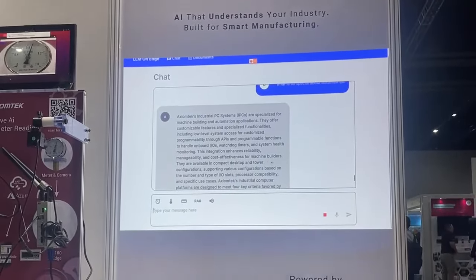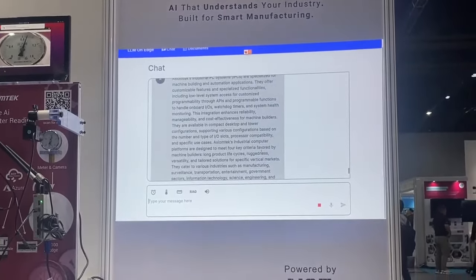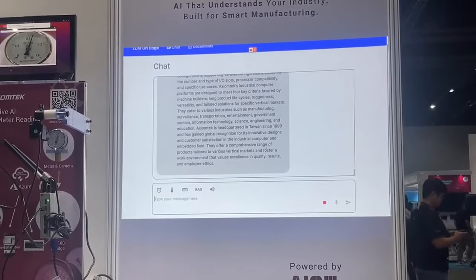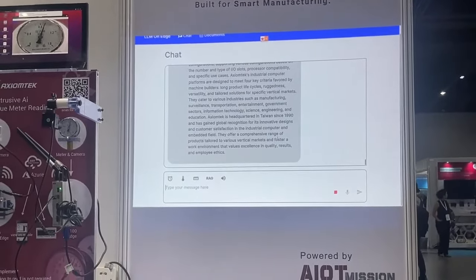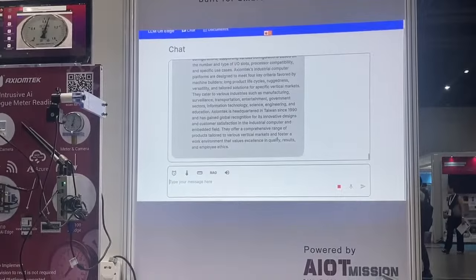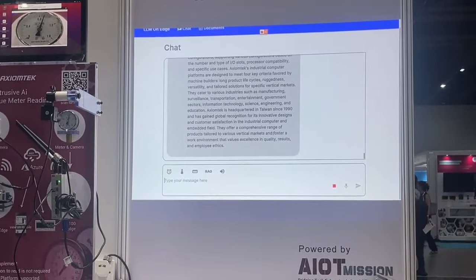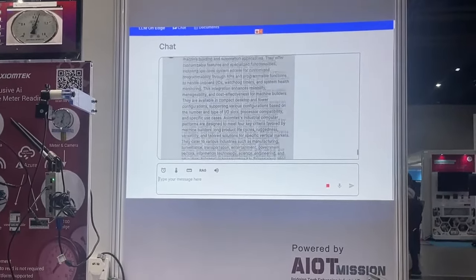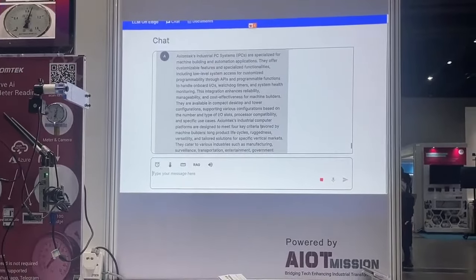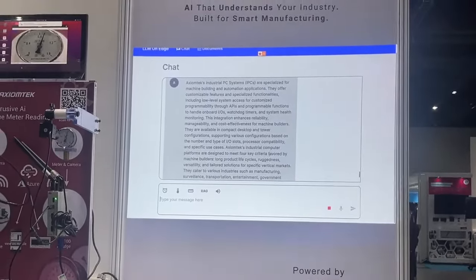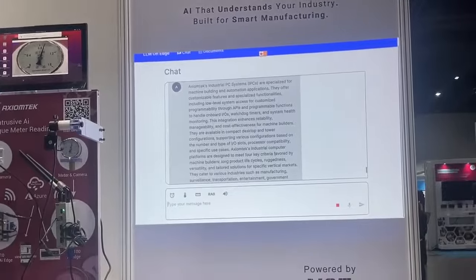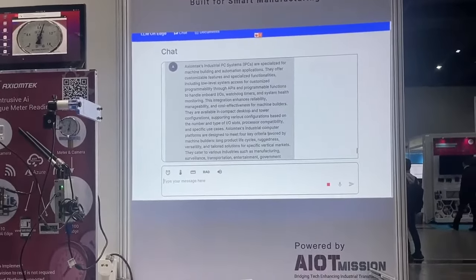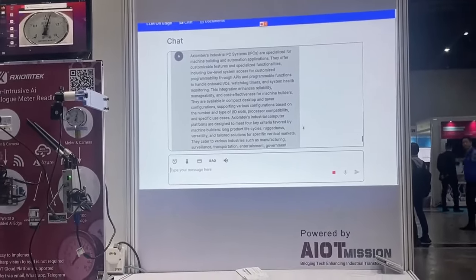This integration enhances reliability, manageability, and cost-effectiveness for machine builders. Oh, and then it knows this product is mainly made in Taiwan, supporting various configurations based on the number and type of models, available in compact, desktop, tower configuration. Also, it knows specific use cases. Oh, not bad. ExomTech's industrial computer platforms are designed to meet 4 key criteria.